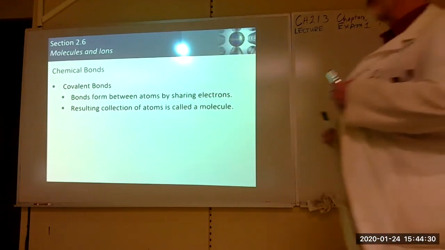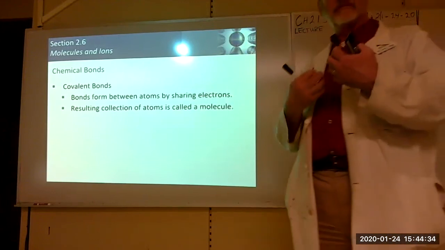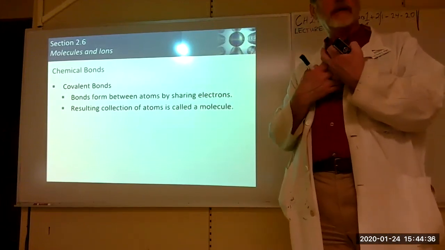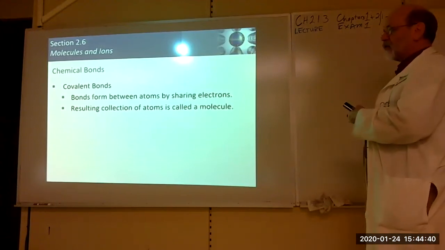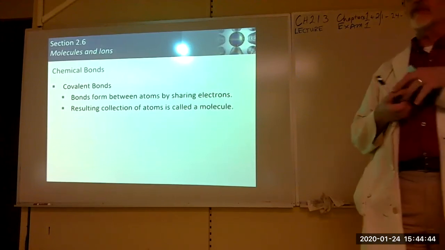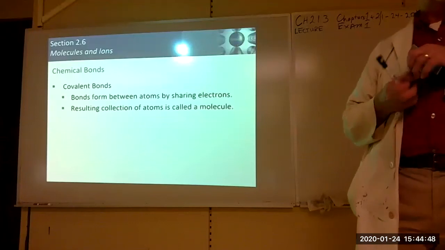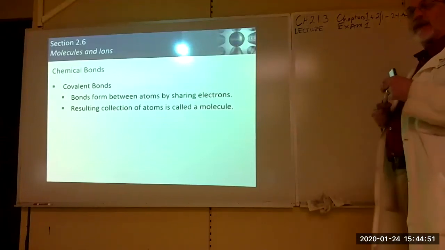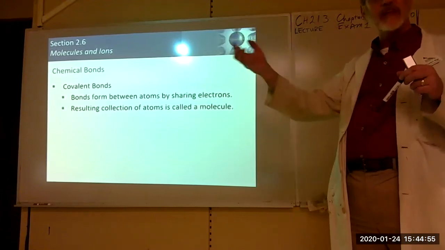Now, when reactions occur, certain types of attractions are involved. One type of attraction is called the covalent bond. The covalent bond is one in which electrons are shared between elements, as opposed to an ionic bond, in which electrons are transferred completely from one atom to the next.